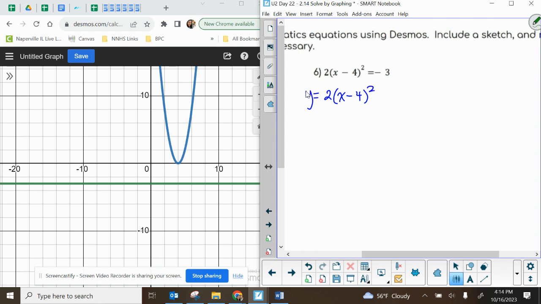That's what's graphed in blue. And y equals negative 3. That's what's graphed in green. And so what I get then is a parabola that looks like that, and then a line like this. And since there are no intersection points, then I know that I have no solution.